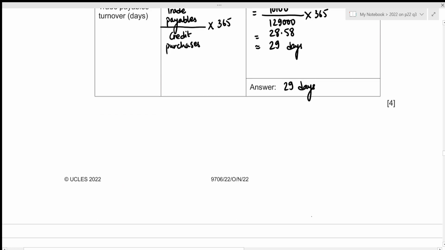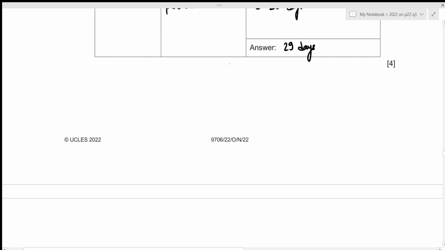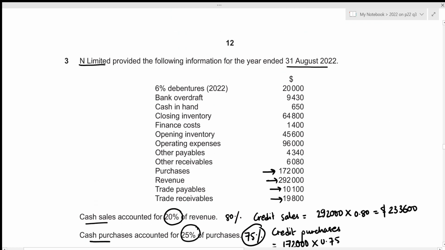Okay, now the next one is current ratio. And the formula for current ratio is current assets divided by current liabilities. Okay, let's figure out the total for current assets and current liabilities. The very first one, current asset we have will be cash in hand, and the amount is 650.